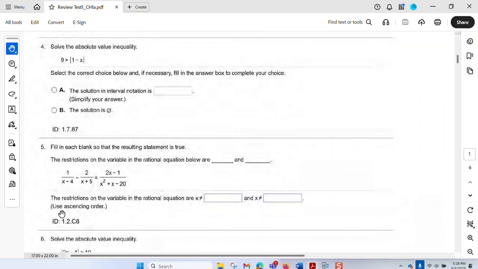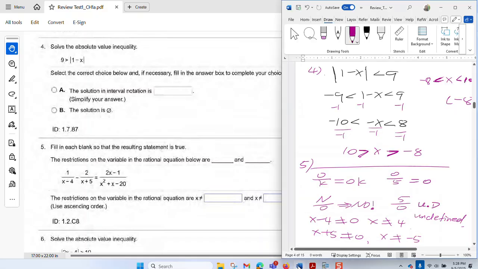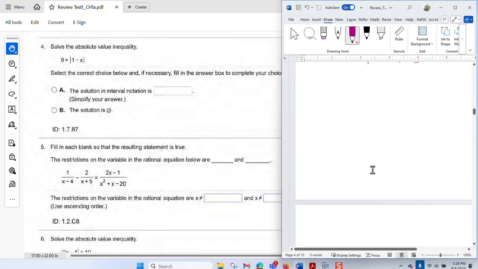Some people ask, how about the right-hand side? Well, if you do a little bit of factoring: 2x minus 1 over x squared plus x minus 20.